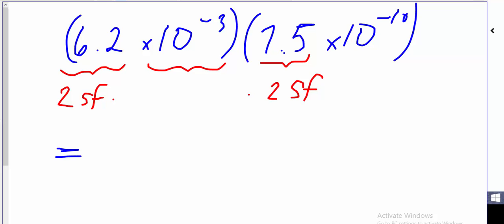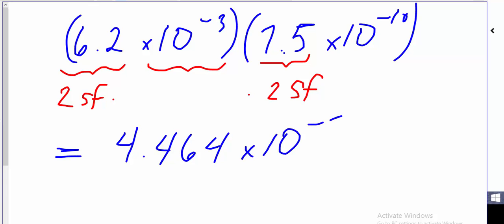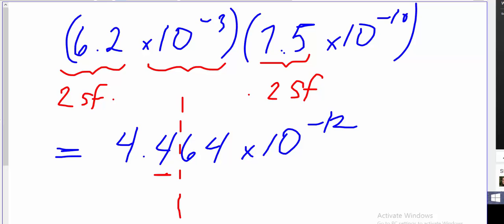So I can do that multiplication, and it will come out to be 4.464 times 10 to the negative 12. And I need to round my answer to have two sig figs, and so it's going to be right there at that second 4. And I look to the number after it before I go ahead and report 4.4.